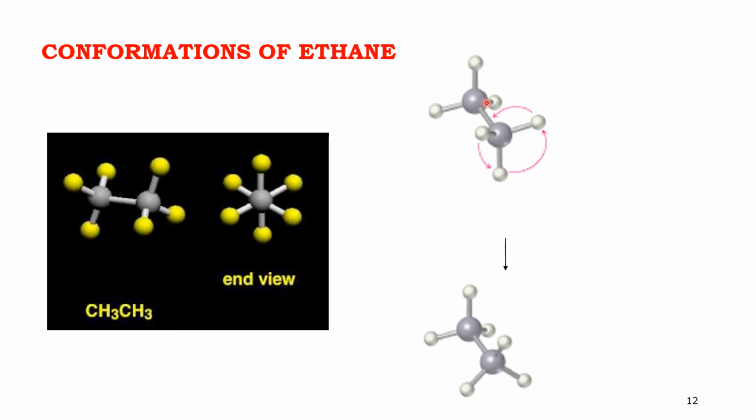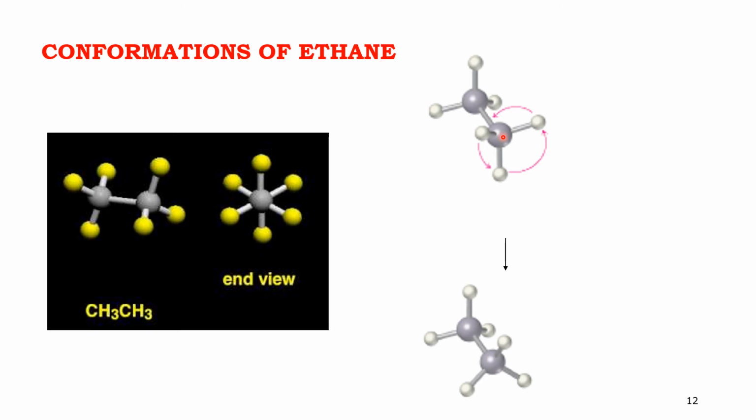That means I can rotate this carbon-carbon single bond so that the position of these 3 hydrogen atoms changes relative to this one. If I keep this carbon and hydrogen constant and rotate this carbon and hydrogen, these hydrogens could be placed between those hydrogen atoms, or along a particular plane of hydrogen atoms.